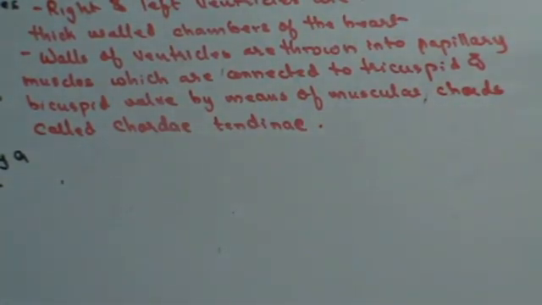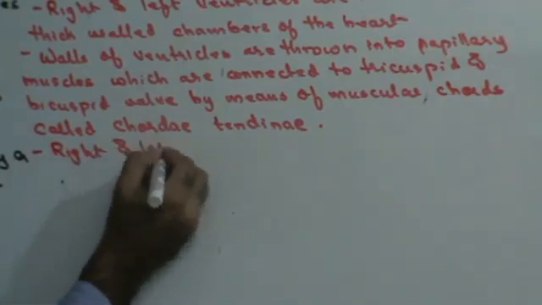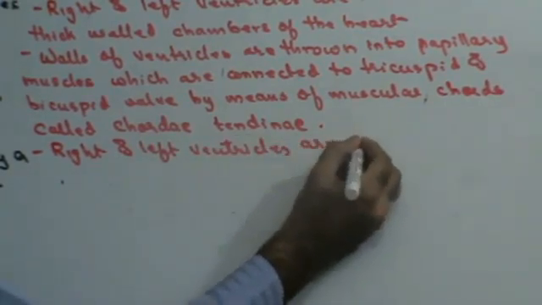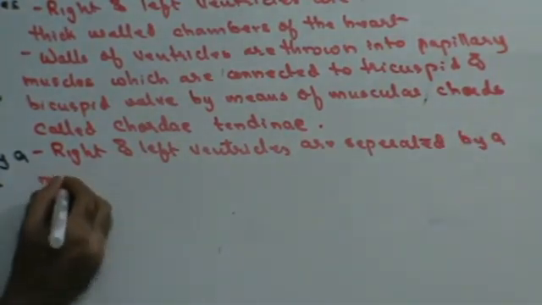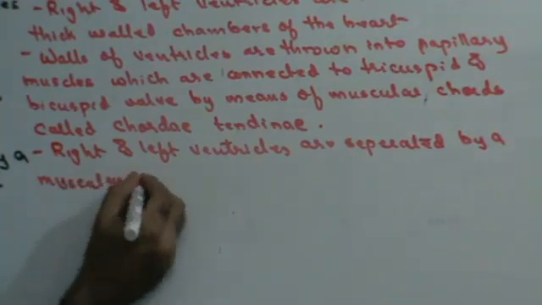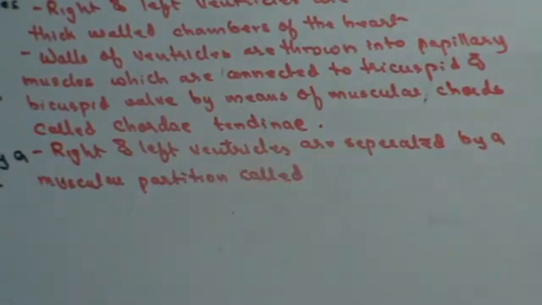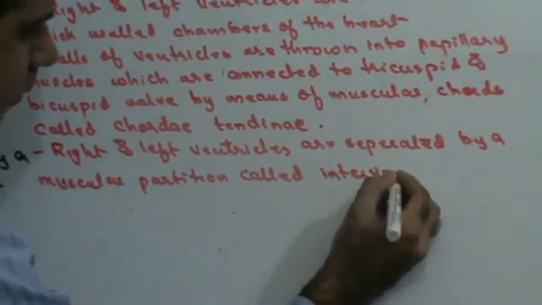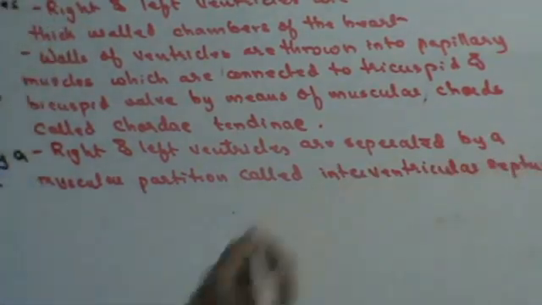Right? The right and left ventricles are separated by a muscular partition called the interventricular septum. Fine.